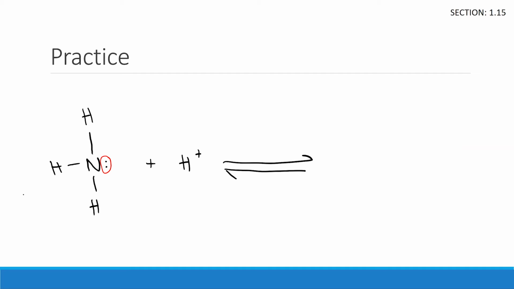So remember, the one that is donating the electrons is the base. And the one that is accepting the electrons, our hydrogen, is the acid. Now, if you did think about this in terms of Bronsted-Lowry, you'd know that the thing that donates the proton is also what we call the acid. So it makes sense in both terms.